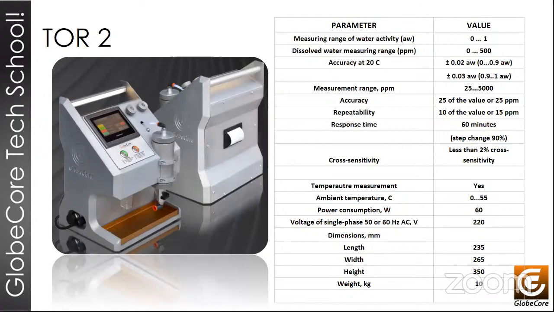In addition to oil filtration and regeneration equipment, we have the TOR2 instrument, which is designed to measure hydrogen content in the oil, and it also takes a measurement of moisture and temperature. A standard laboratory test will take at least 1 day. If you take a sample and send it to a lab, it takes time.